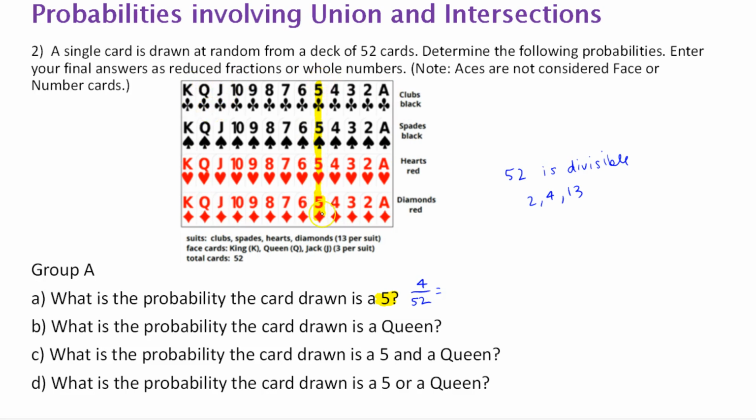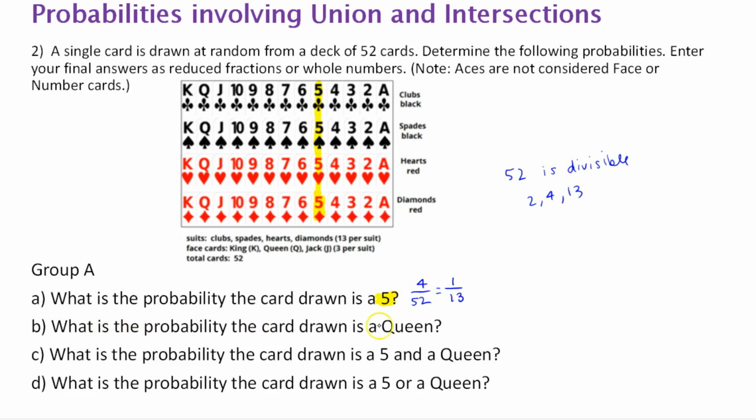Notice we have 1 column of 5s, and there's a total of 13 columns. Since all of the columns are equal, this would be 1 out of 13 equal columns, which gives us 1/13. So you could remember to divide the top and bottom by 4, or you could use some of these patterns to help you.